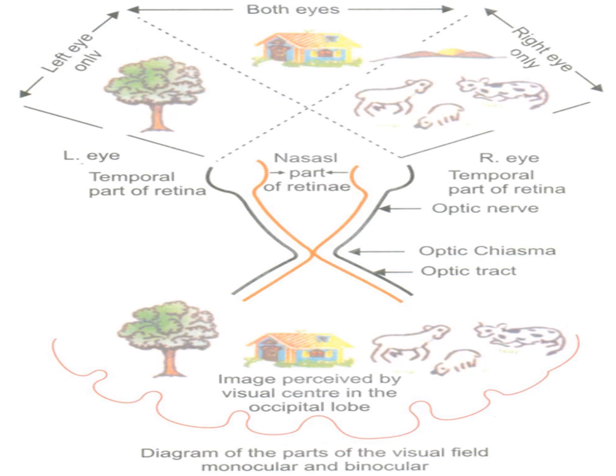In this picture, you can appreciate that the right eye can see a hut and different animals, while the left eye sees a tree and a hut. But when both eyes fuse this picture, they will see a hut, a tree, and different animals. This way, the visual field size is increased. Next slide, please.